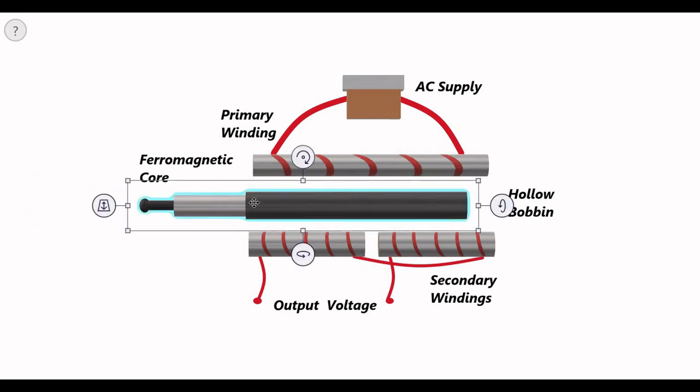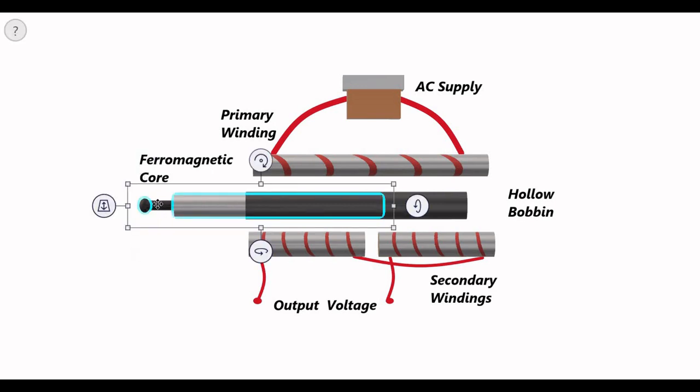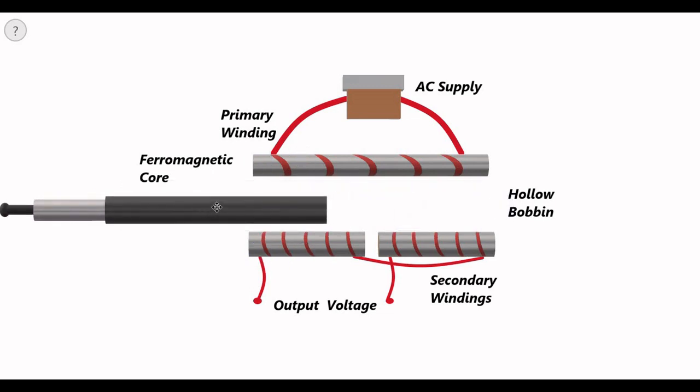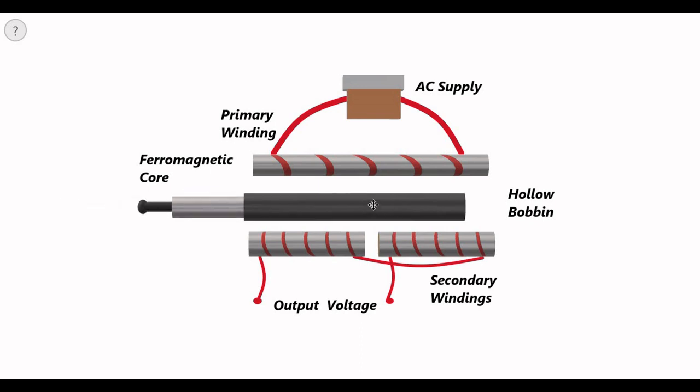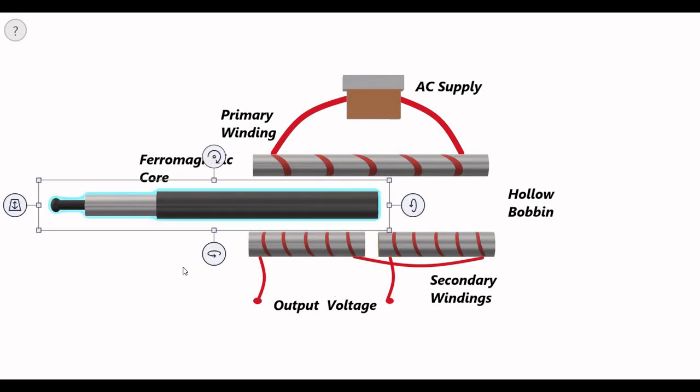When it moves away from the equilibrium position to one end and then to the other, the degree of coupling of the primary winding with each of the secondary windings changes, and as a result it produces a non-zero differential output voltage. This ferromagnetic core is connected to the source of displacement or the physical parameter which is to be measured. In this case, it is connected to the float which is placed on the surface of the liquid.